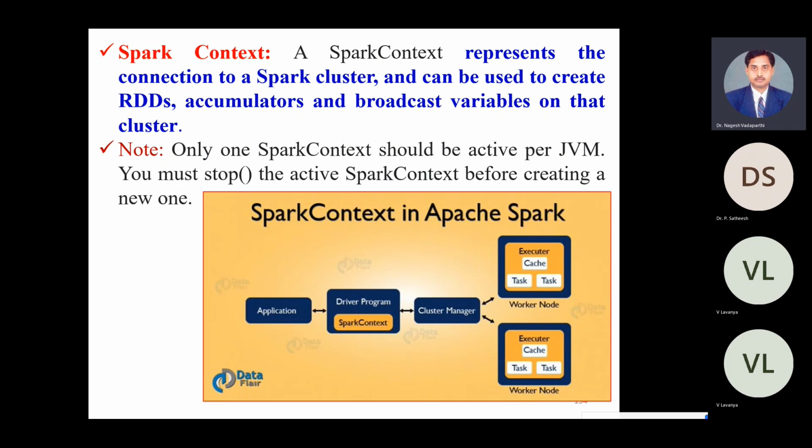While writing a program in Scala or any programming language, we write data equals some transformation followed by sc.parallelize. SC here is nothing but Spark context. I am using 4 executors while performing any task.